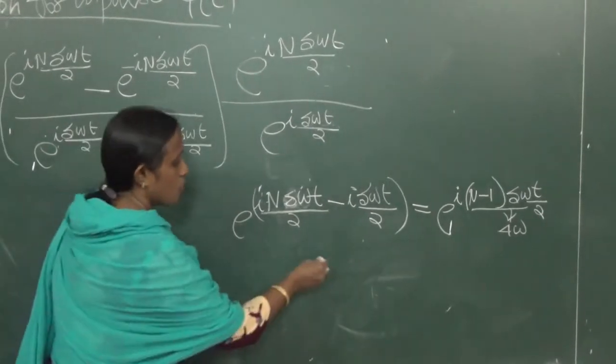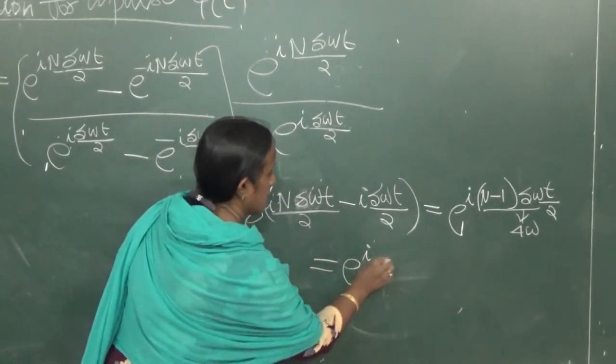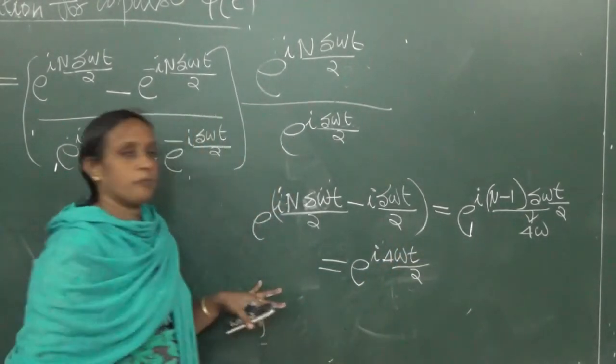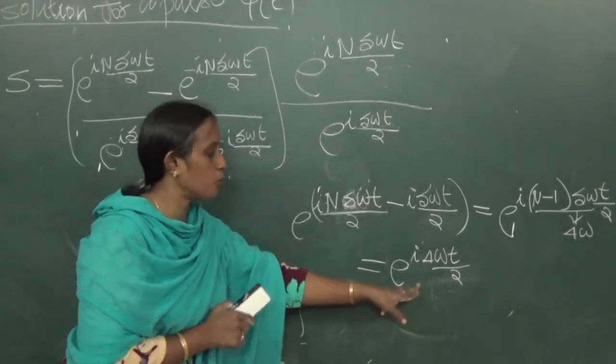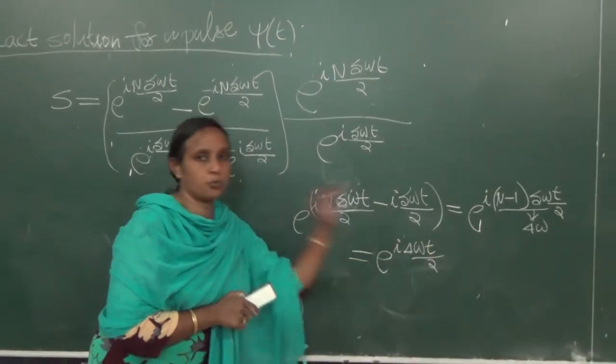So you get here e raised to i delta omega t by 2. So this part simplified into e raised to i delta omega t by 2.